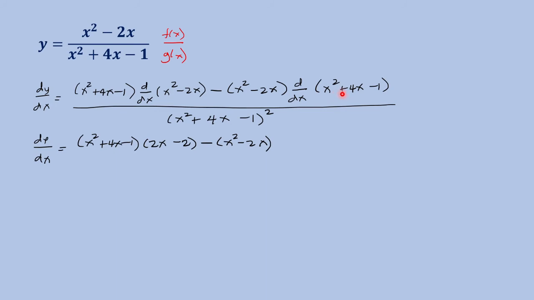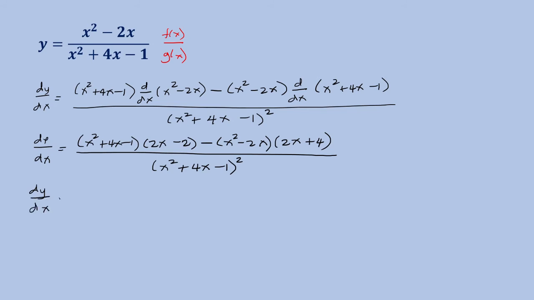The derivative of x squared plus 4x minus 1 is 2x plus 4 over x squared plus 4x minus 1 squared. So to continue, we're going to multiply x squared plus 4x minus 1 by 2x minus 2. And then here, we need to multiply x squared minus 2x by 2x plus 4. And do not forget to multiply negative 1 to the product.